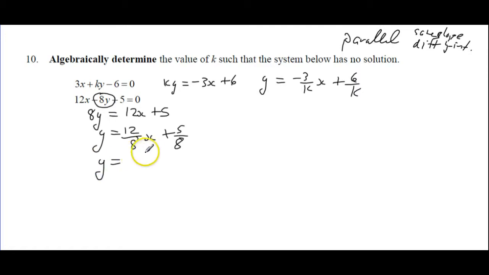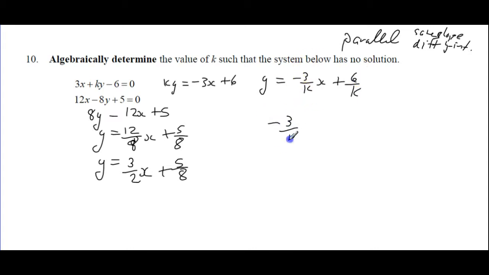Y is equal to 4/3, right? Wait a sec, no, divide by 4. This will be 3/2. Cleaning up. 3/2 x plus 5 over 8. So, parallel lines, same slope.